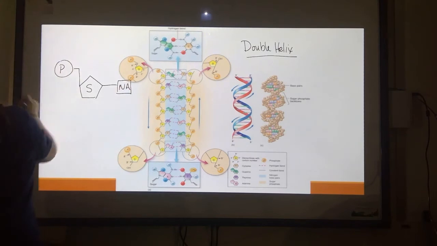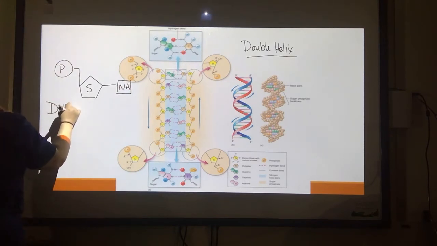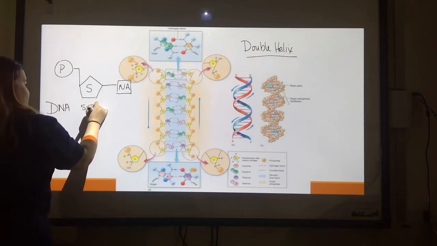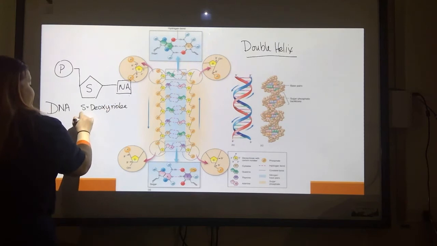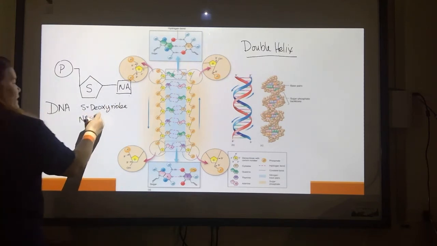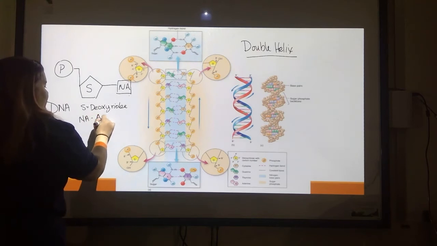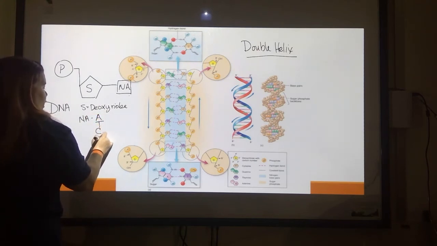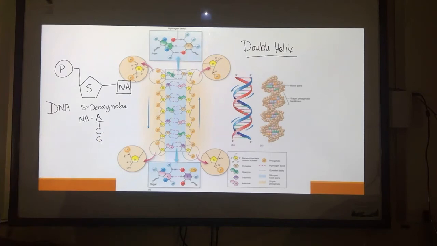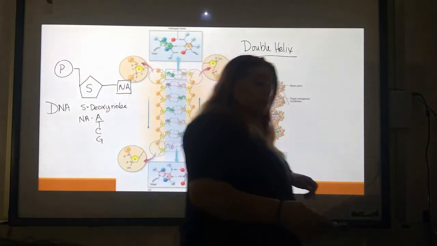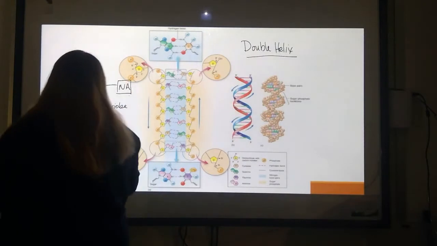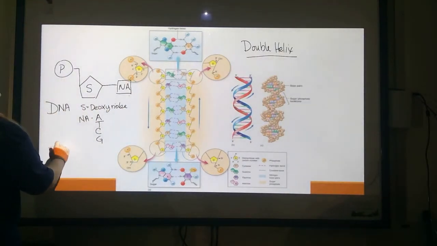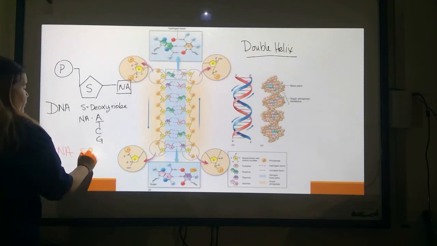For DNA, your sugar is deoxyribose. Your nucleotides can be adenine, thymine, cytosine, or guanine. If, however, we were talking about RNA, the sugar would be ribose.